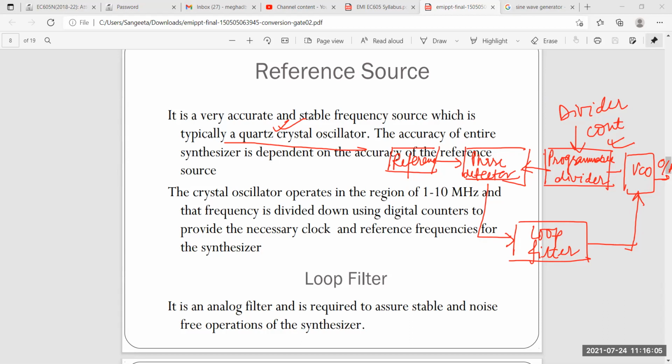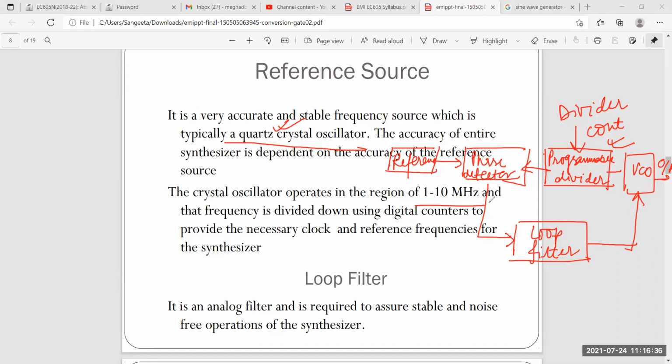The crystal oscillator used here has a frequency range of 1 to 10 megahertz, as written here, and the frequency is divided down using digital counters to provide the necessary reference frequencies for the synthesizer. So it is important what kind of source you are using and what the range of that source is. You have to remember the range also.